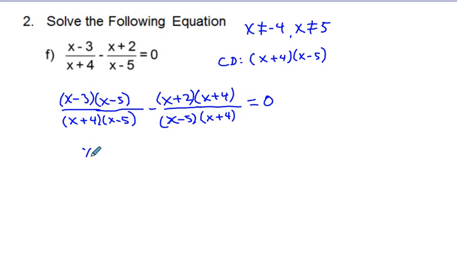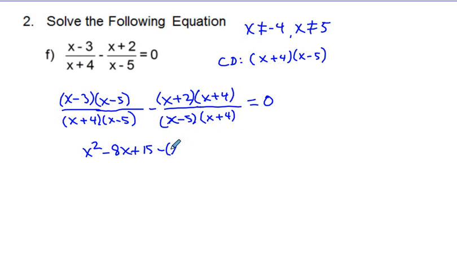So we're going to have x squared, then we have minus 3x minus 5x, we're going to have minus 8x, and then negative 3 times negative 5 is going to be plus 15, and then we're going to have minus what all these are here. I'm going to go ahead and put all this in parentheses.